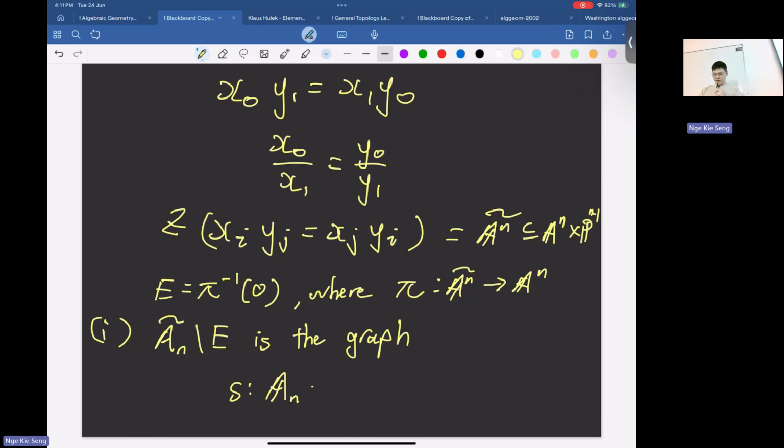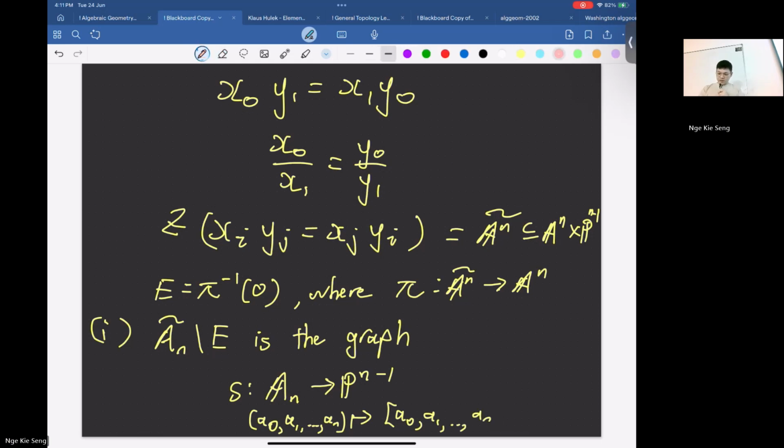You just send A^n to P^(n-1), meaning literally just send your point to the line containing it. The line we consider here is a special line: the line through the origin. So this just describes what we are constructing here. Does it make sense?